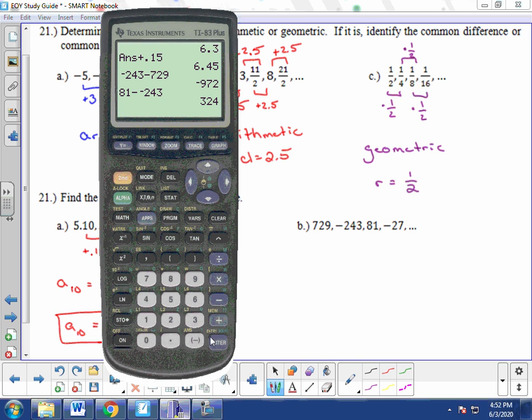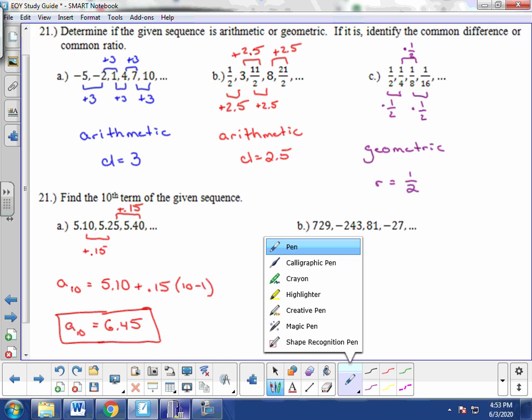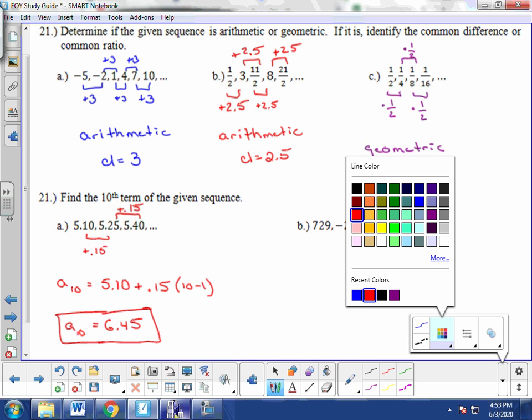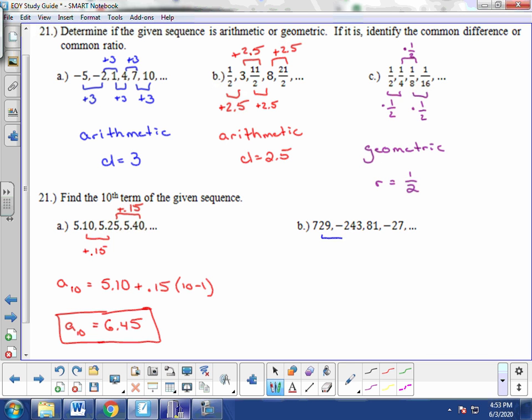So that's not going to be it. But I may notice here that this is a geometric sequence, and that the common ratio is that we are multiplying by a negative 1/3. So this is a multiplication every time by negative 1/3. So this is geometric.